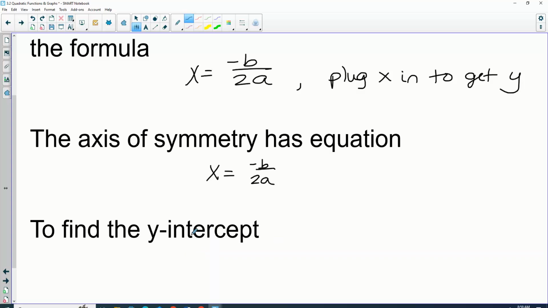Which, if I want the y-intercept, which one's 0? So we'll plug in a 0 for our x's and solve. So that would allow us to get the graph. If we can find the vertex, if we can draw the axis of symmetry, and then find the y-intercept, then we can draw our full graph.